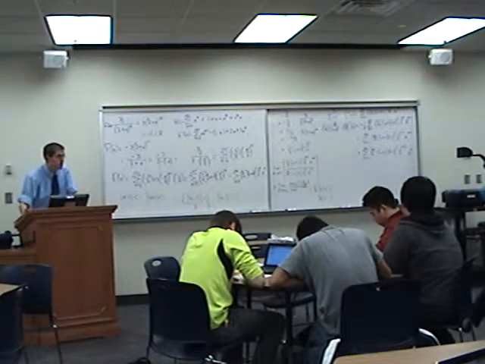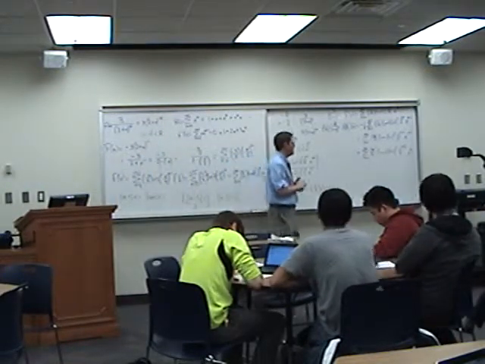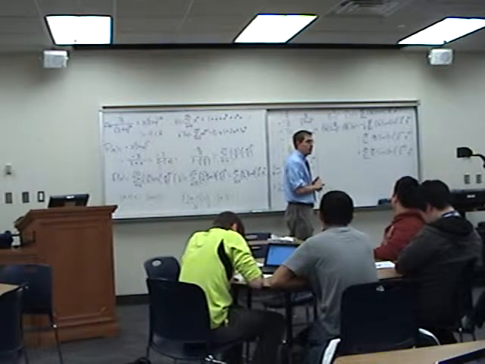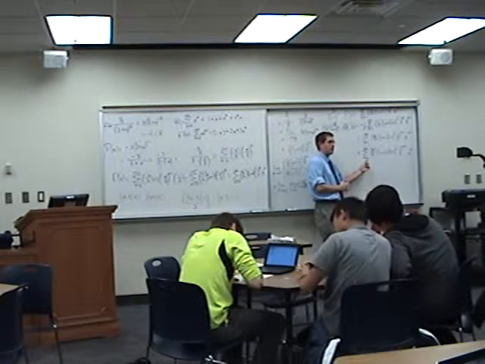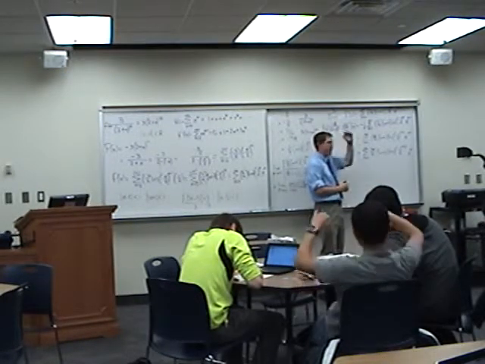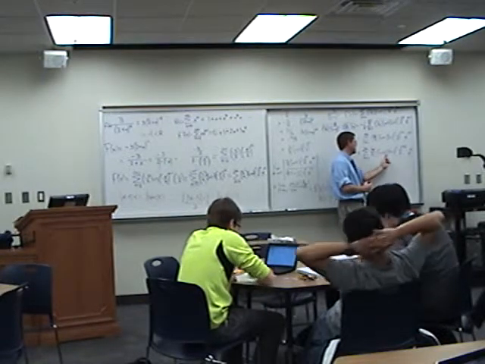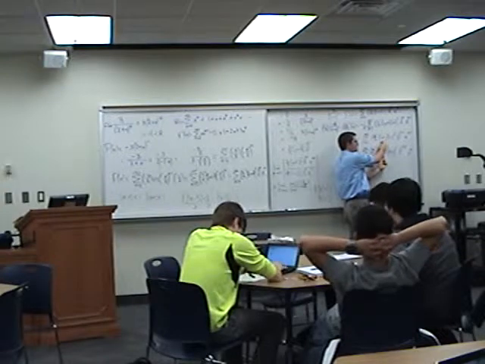Sorry. If I take away 1 from this, you can see that these are equivalent statements, because if you plug in 0 into here, 0 plus 2 is 2. If you plug in 1 into this one, 1 plus 1 is 2.